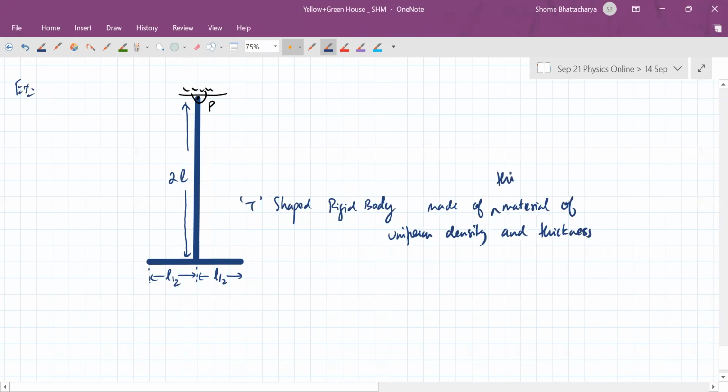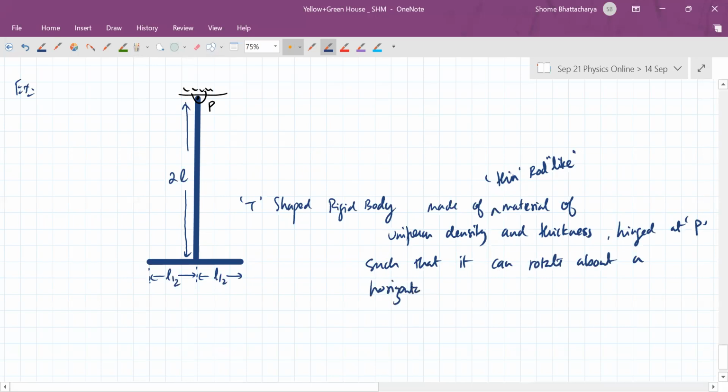So of a thin rod-like material. So we have to find, now it is hinged at P such that it can rotate freely about a horizontal axis through P. So the axis is perpendicular to the plane of the diagram.